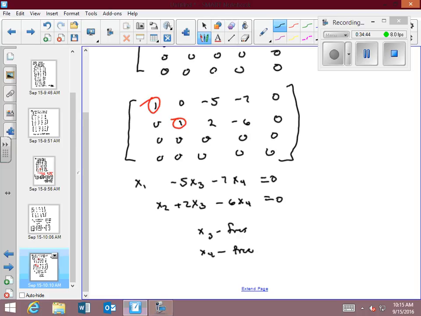Then I want to solve this for x. First one for x1, second one for x2. x3 is free. x4 is free.